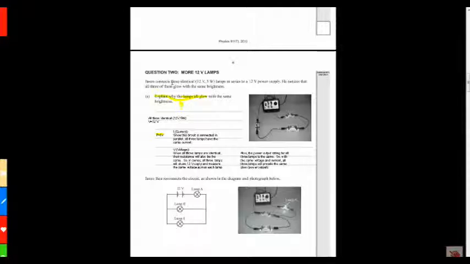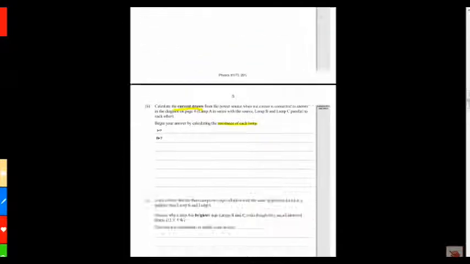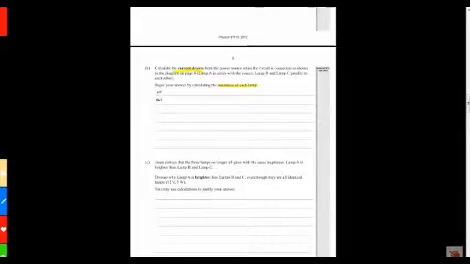So they are, of course, the same three identical lamps. So we're still working with 12 volt 5 watt lamps. Let's begin.